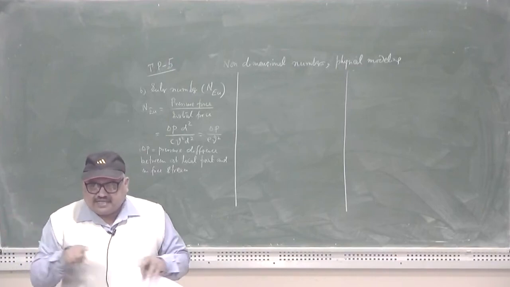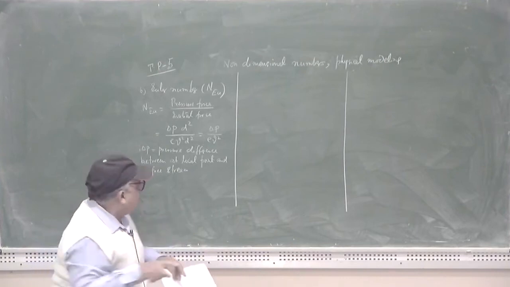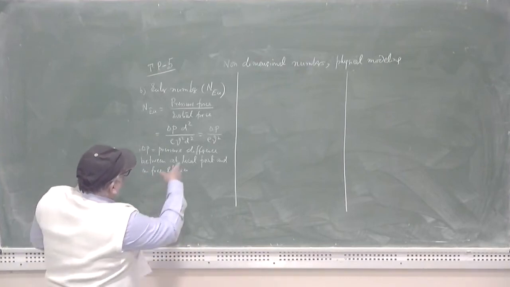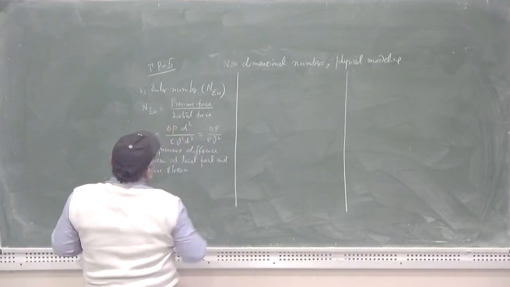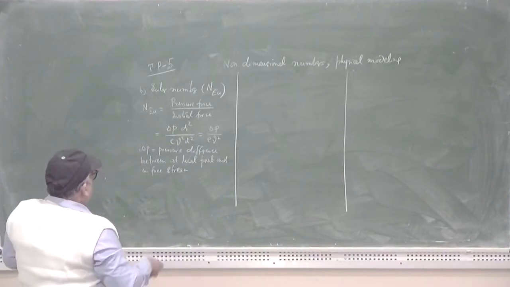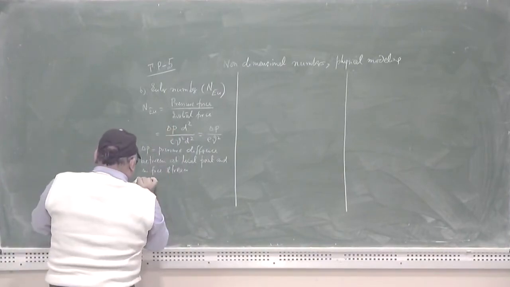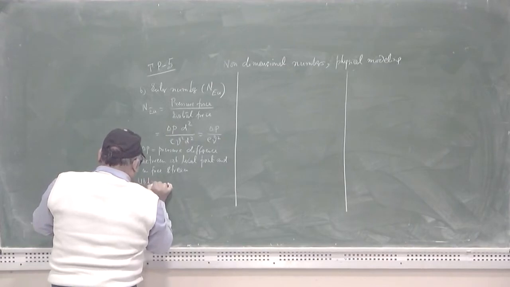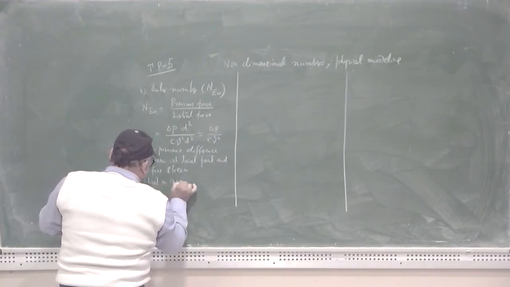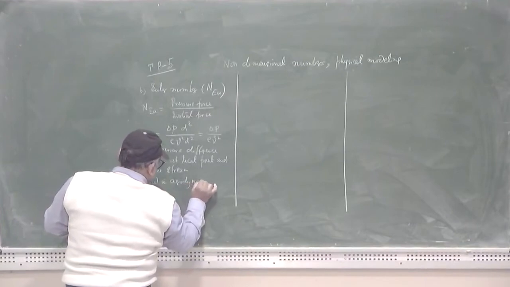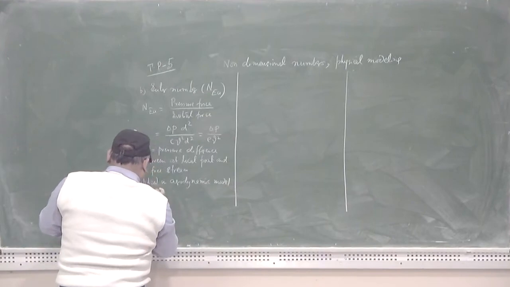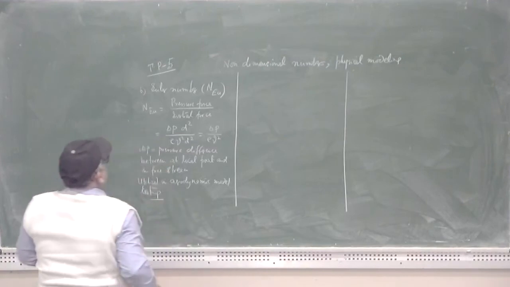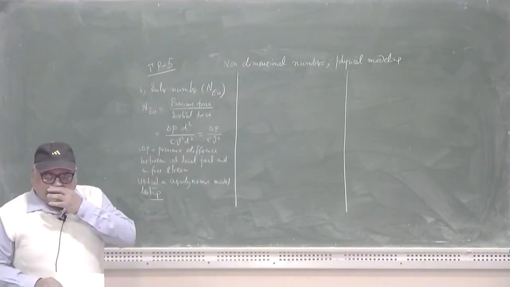The difference in the pressure at 2 points is what is called the pressure difference. So, delta P divided by density into velocity square is what is called the Euler number. This Euler number is utilized in aerodynamic model testing. Different aerodynamic model testing is being executed by taking the help of this Euler number.